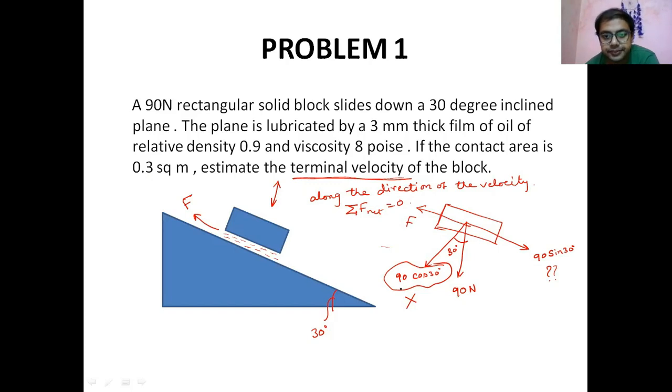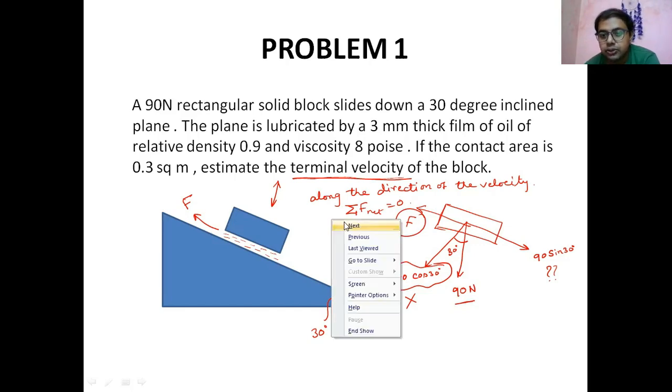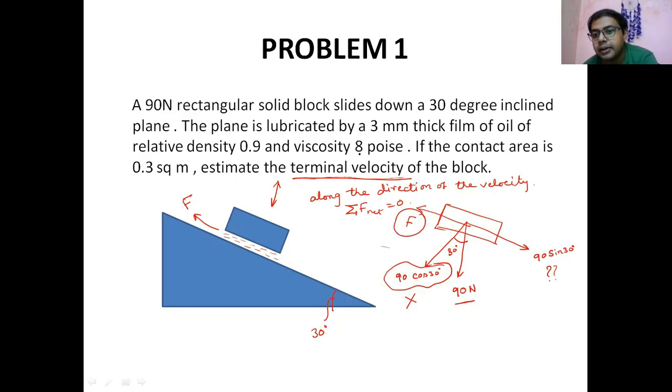Along the inclined plane, one force is due to the sine component of the weight, and another is due to the viscosity. If these two are balanced, then only you will get the terminal velocity of the block. The concept of terminal velocity comes in only then.